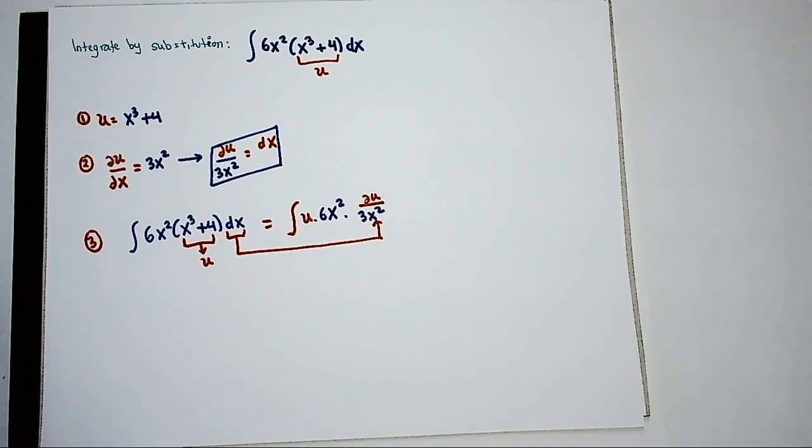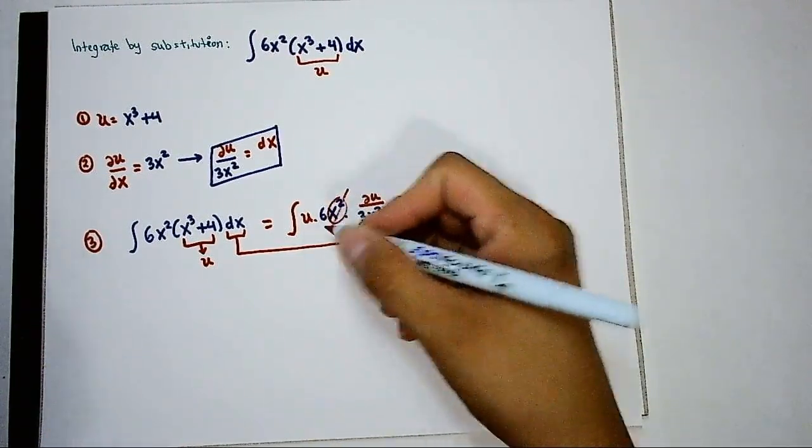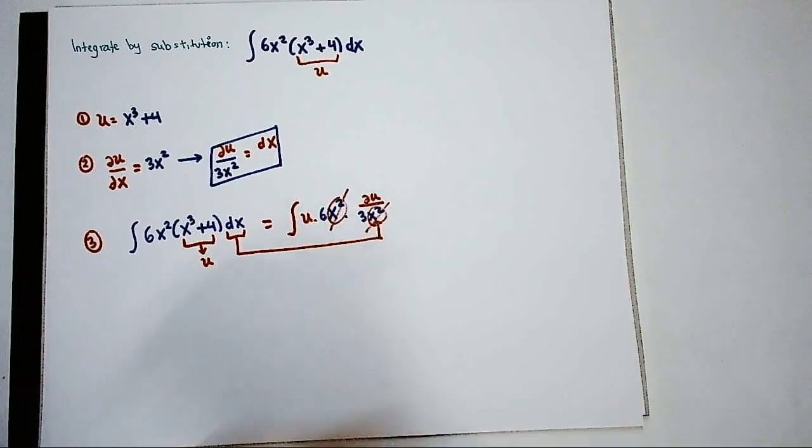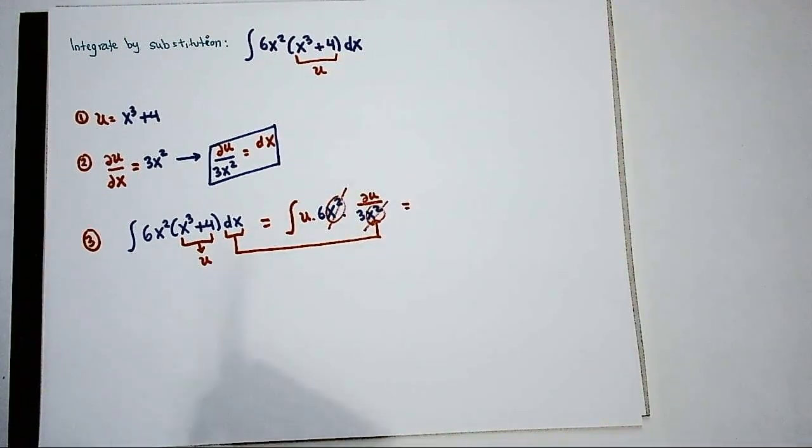From here, we can cancel x squared and x squared. And 6 divided by 3 is 2.